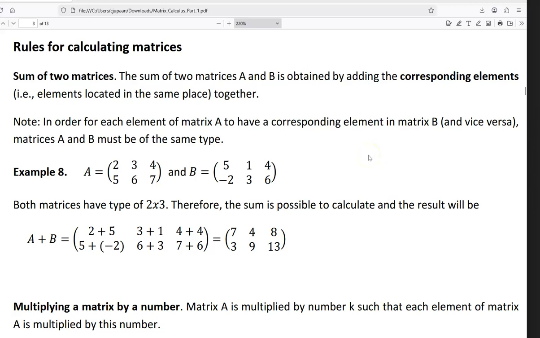But then these rules for calculating matrices, most of them are quite easy, and actually all calculation rules are very simple, but the multiplication rule is a little bit strange. I don't know if I would have invented the matrix calculation.